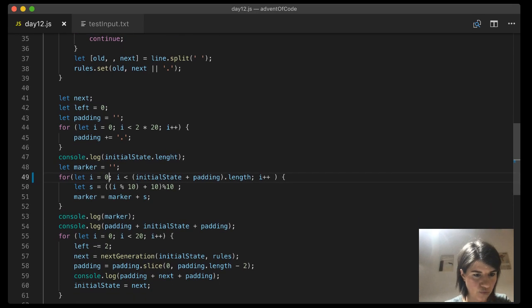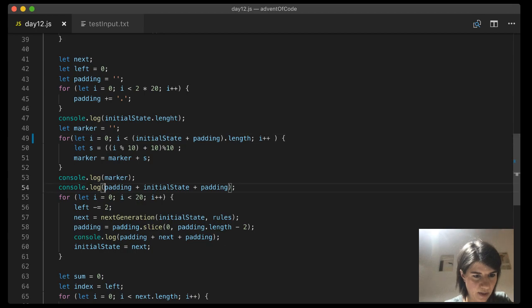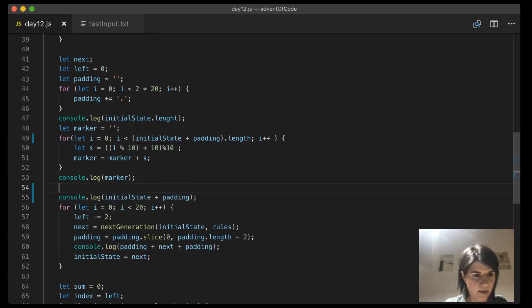So here I'm just printing initial state, and actually I want to hand print a dot to it. No, I don't do that. Let's see if we can figure that out.